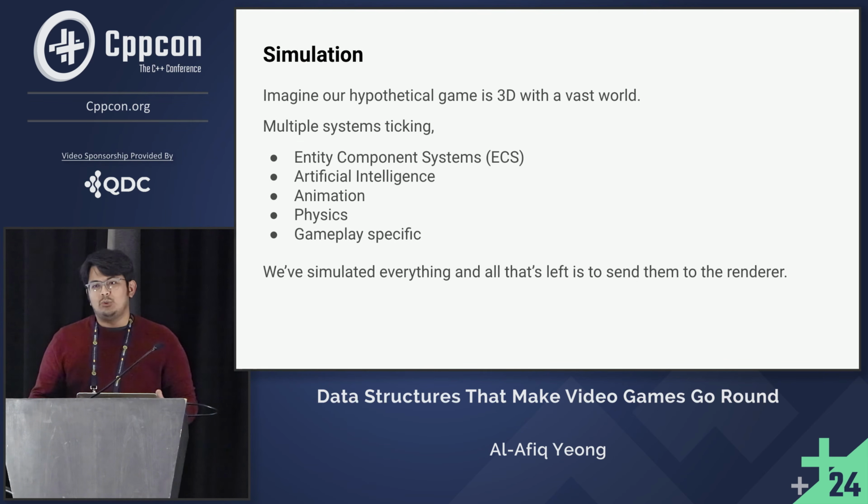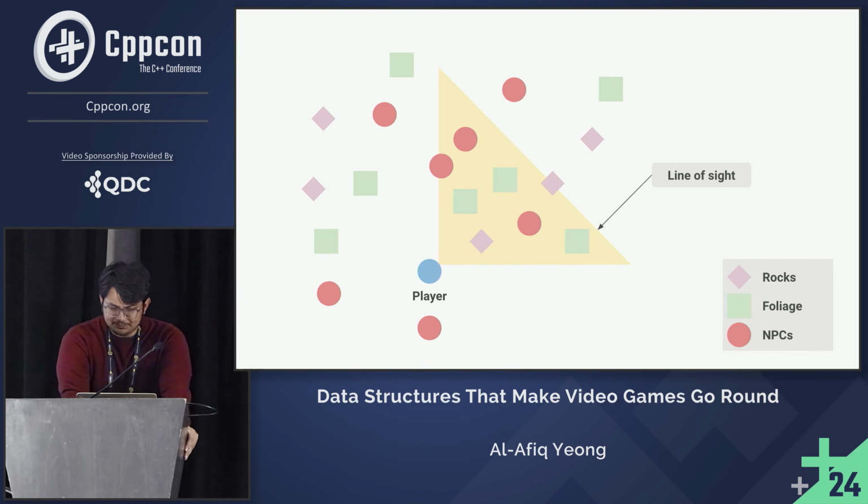Players are shooting spells, shooting guns, whatever, some grid-based system. I don't know, right? So we've simulated everything, and all that's left to do is to send them to the renderer. Think of this as our level, and these are all the things that we need to send over to the renderer to be processed, right?